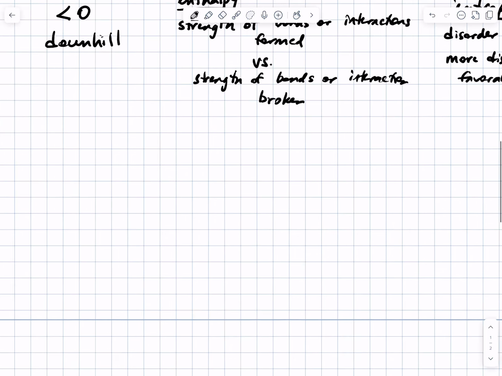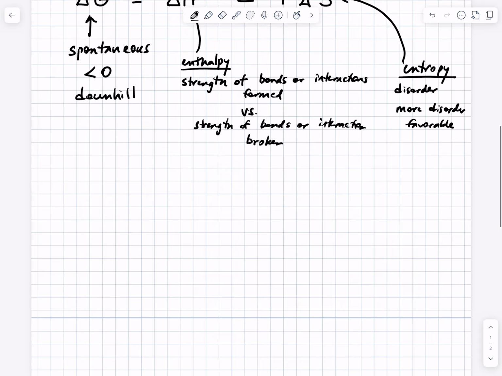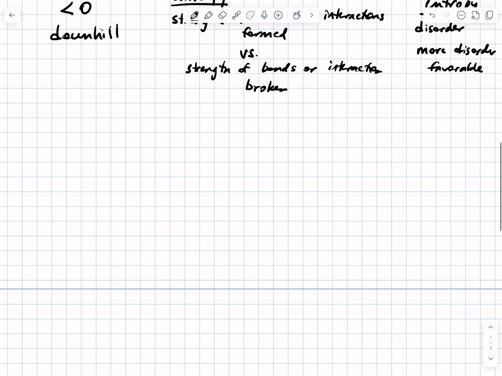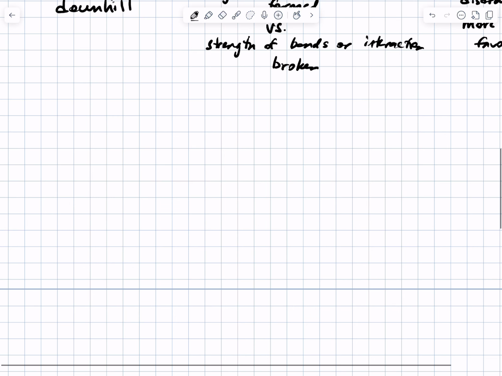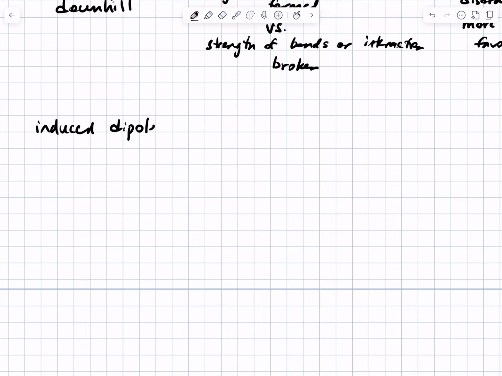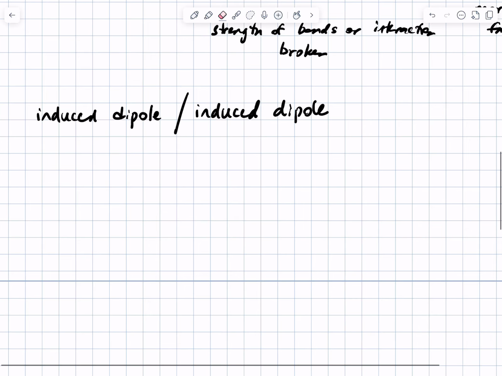So now we want to talk about what are called induced dipoles. This one is kind of a pain to say, because if you want to say the interaction between two induced dipoles, you say an induced dipole interaction, which is really lame and boring to say.